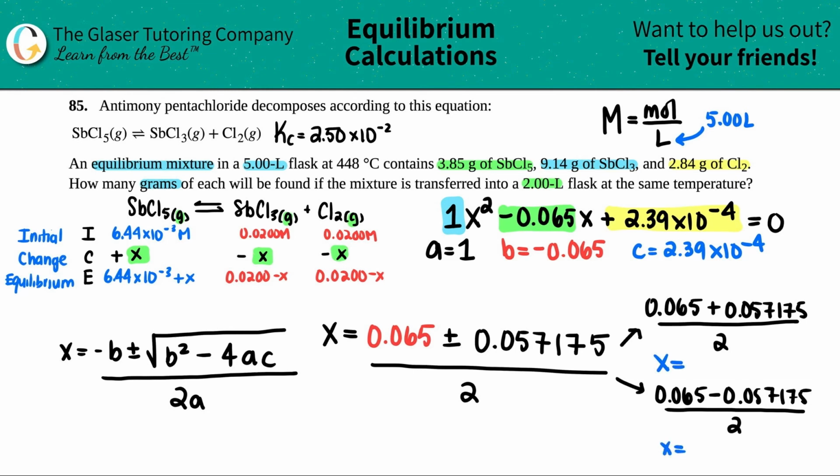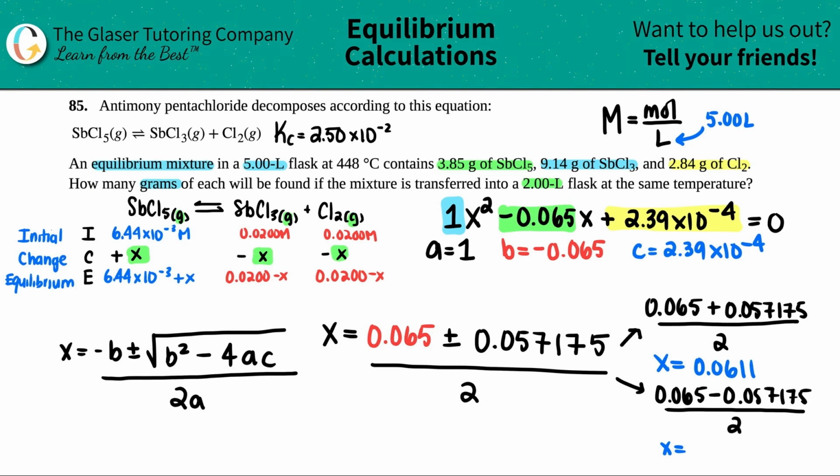Let's do the top one. 0.065 plus 0.057175. That's all divided by 2. Divide that by 2. Okay, so we get 0.0611, and maybe here I'll round.